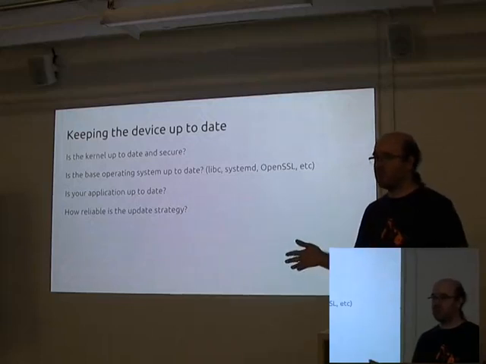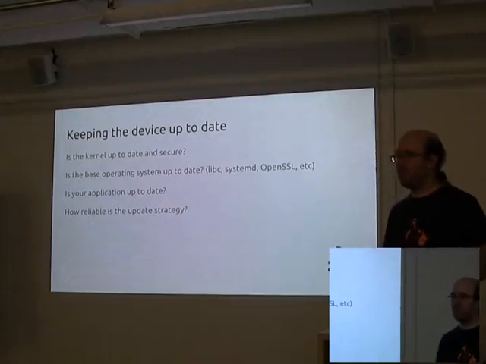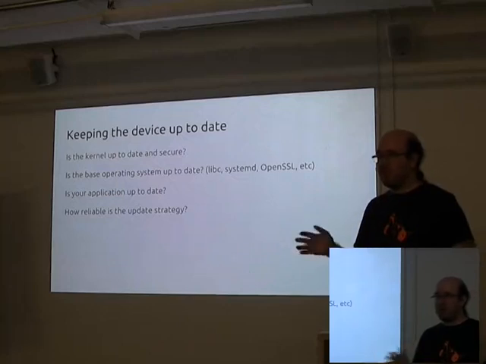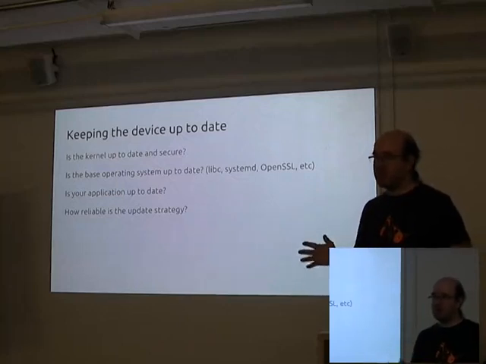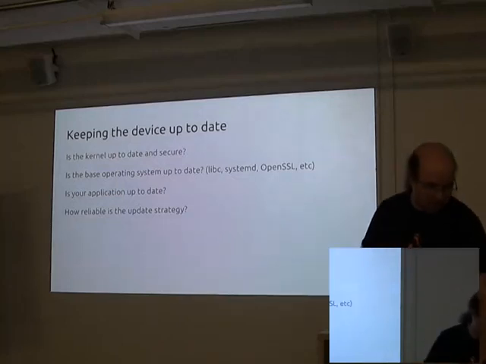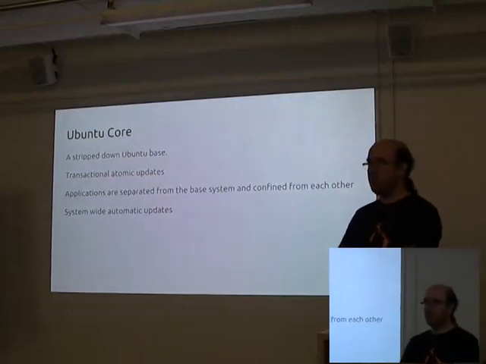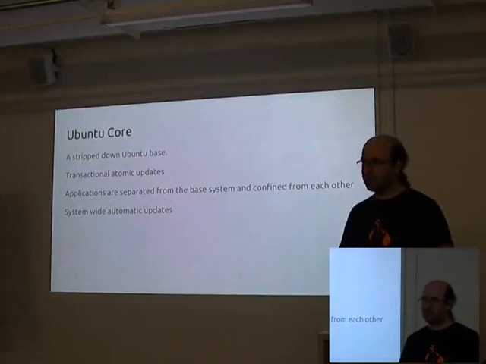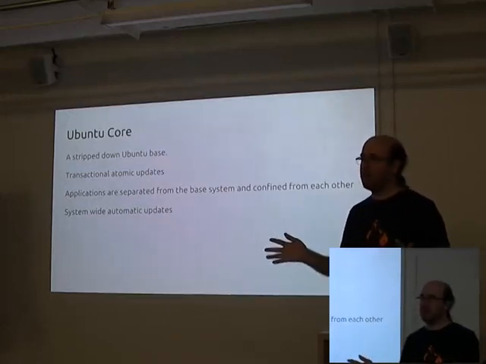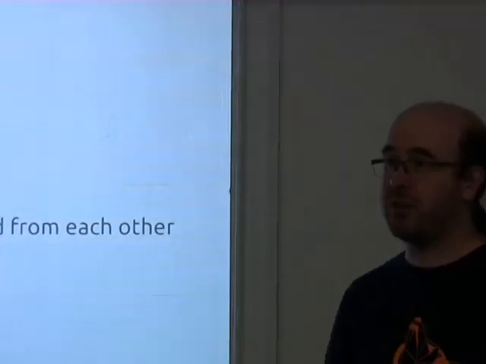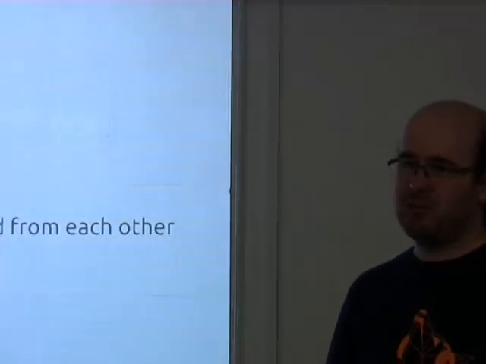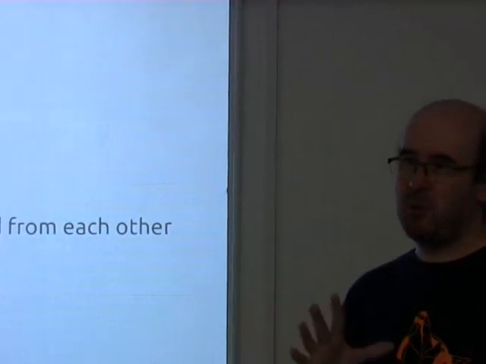So Ubuntu Core is a system which you can use which can help with these problems, to give you a system which will stay up to date. Ubuntu Core is based on the same binaries you'll find on a traditional Ubuntu desktop, but it's stripped down, so it's just a minimal core.